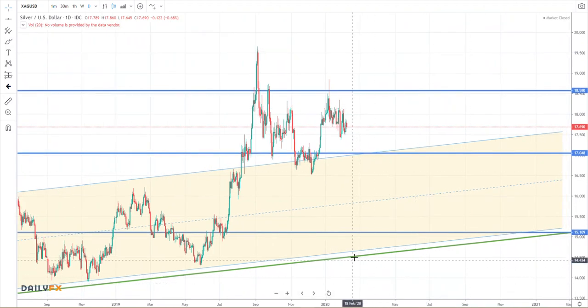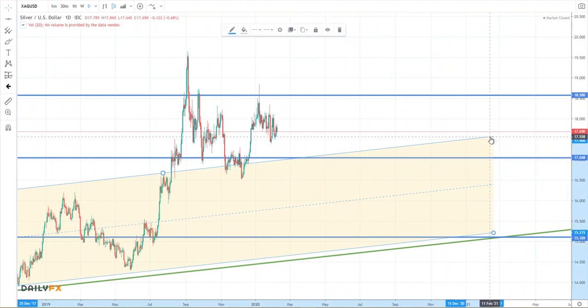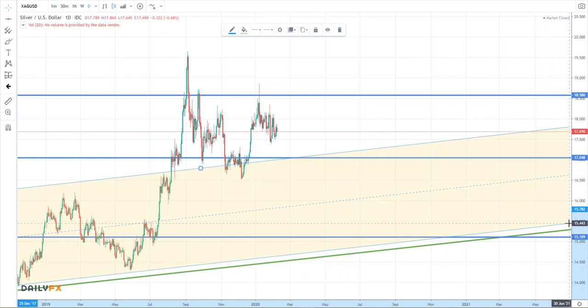Let's look at the time, though, this could take to happen. This would be a pretty long-term investment. So let's go ahead and stretch our parallel trend channel a little bit further. If we're looking along the bottom here, this goes all the way through summer of 2021.